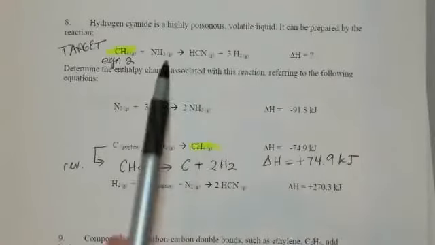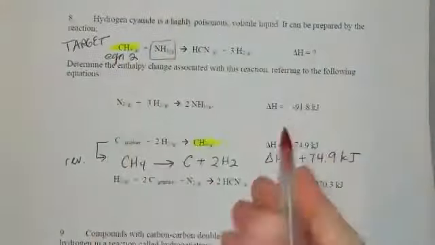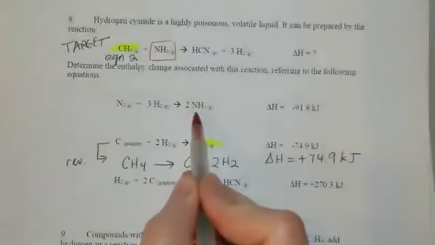Second thing I look at, I've got this ammonia, NH3, and I see it in this first chemical equation, not in the second and not in the third. So this has to be coming from equation number 1. All right, there it is.